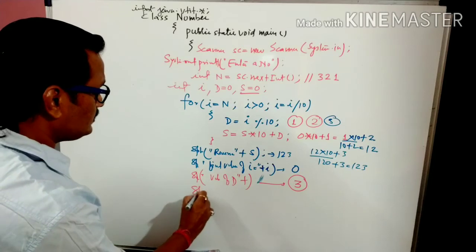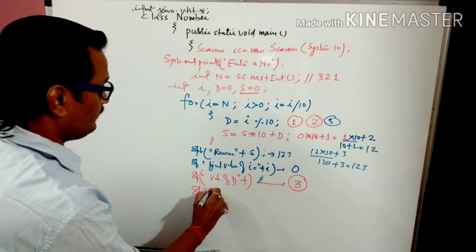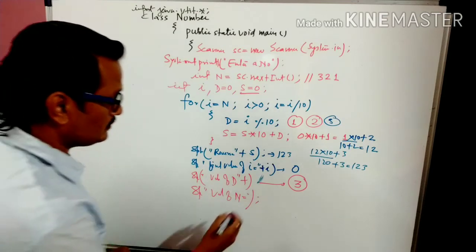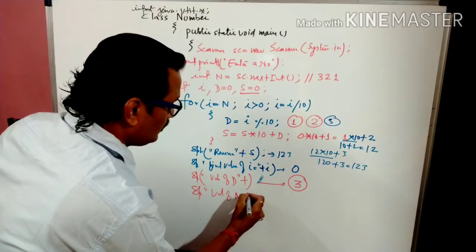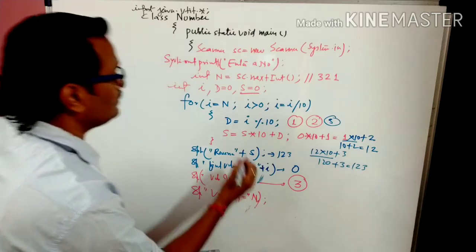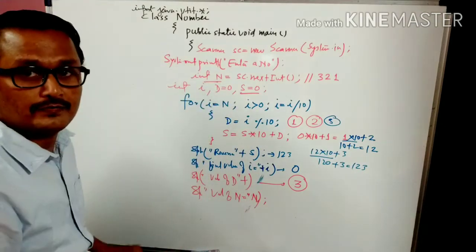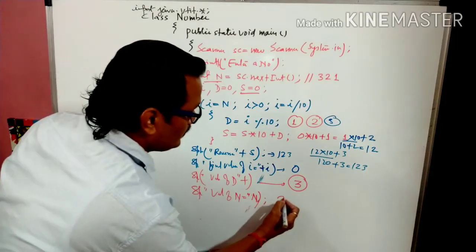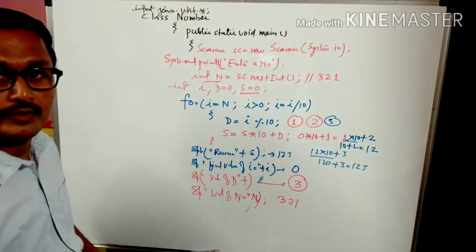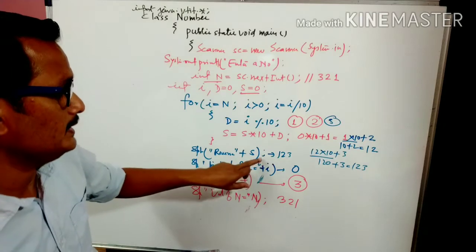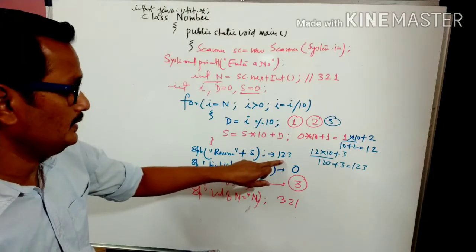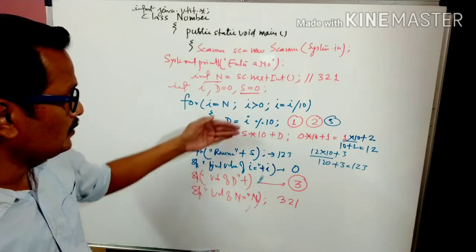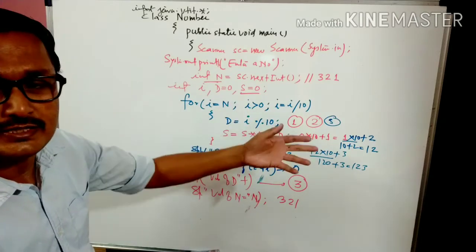And outside of the loop, if you write the value of n, what is the value of n? The value of n is the original number, because we did not change anything here. The value of the number is as it is, 321. So outside of the loop, when you print s, the value of s will be 123. The final value of i will be 0. The value of d outside of the loop will be the first digit of any number.